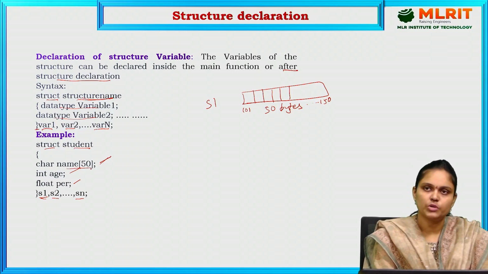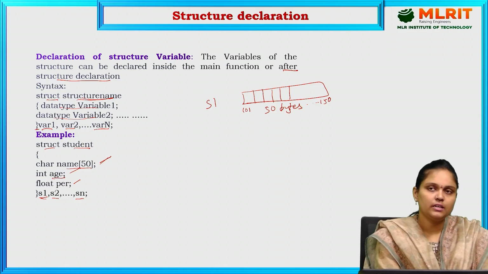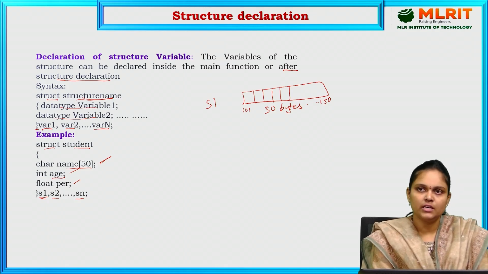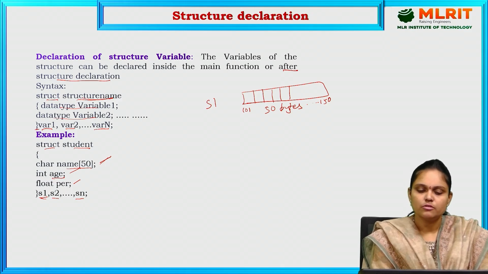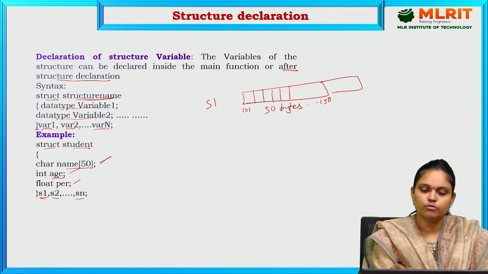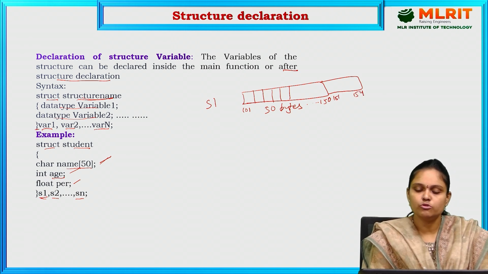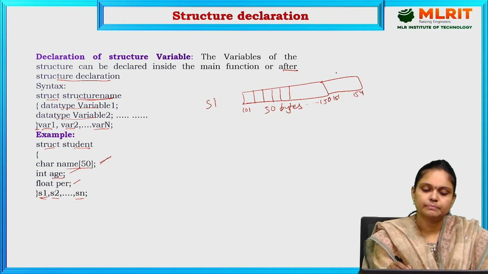particular student. And next we have int age. The size of the integer data type is 4 bytes. So continuous memory allocation will happen here also in the structure concept. So after the name, the next 4 bytes, 151, 152, 153 and 154, are used to store the age.